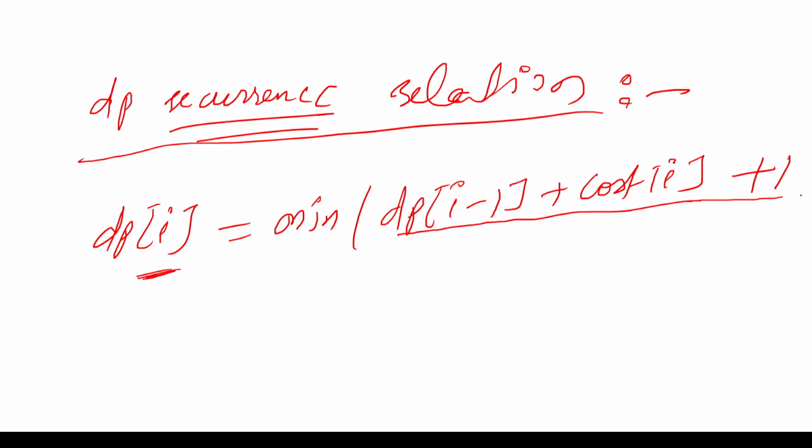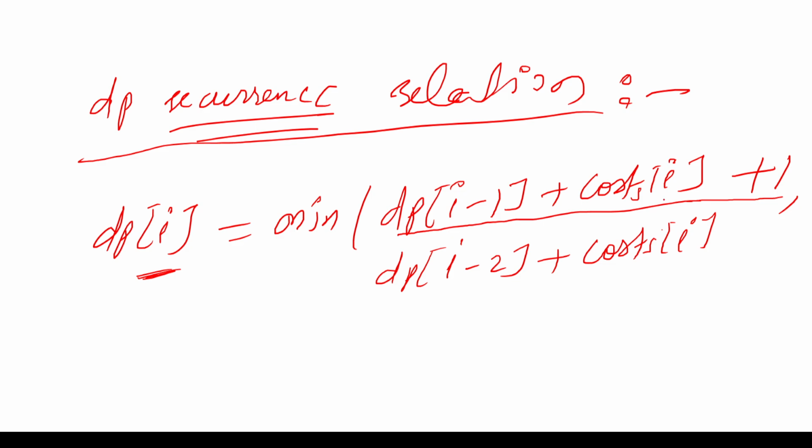Then DP at I minus 2 plus the cost at I.